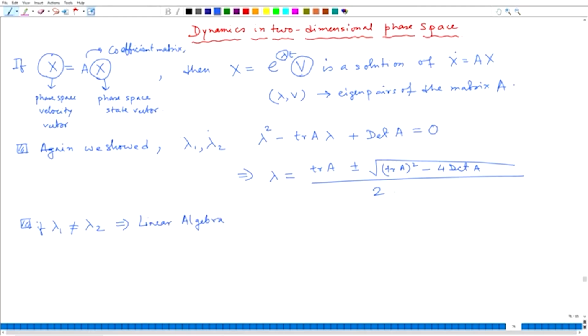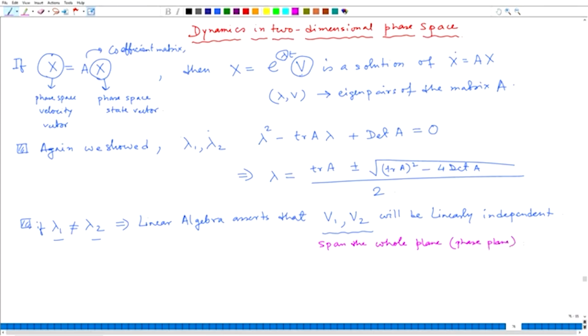Linear algebra asserts that V1 and V2, which are the corresponding eigenvectors of lambda 1 and lambda 2 respectively, will be linearly independent. And that is why they can actually span the whole plane, phase plane.